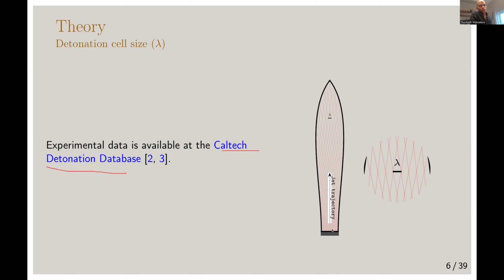It should also grow larger when the concentration gets higher, but it's not shown here. In the zoomed in view, you can clearly see what I'm talking about. And this detonation cell size represents the transverse measurement of each cell.